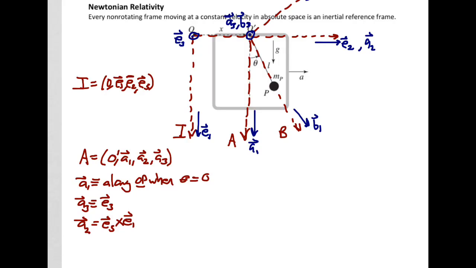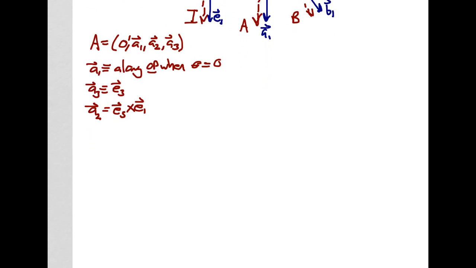Alright, so let's get an idea of what each of the kinematics looks like within each of these reference frames. So for reference frame I, we said that we started out with r, P with respect to O. We chose P with respect to O because O is fixed within the reference frame. So that's x in the E2 direction plus L in the B1 direction.